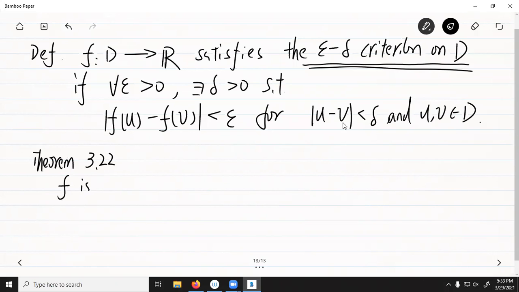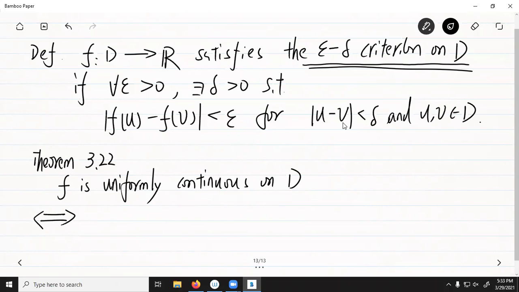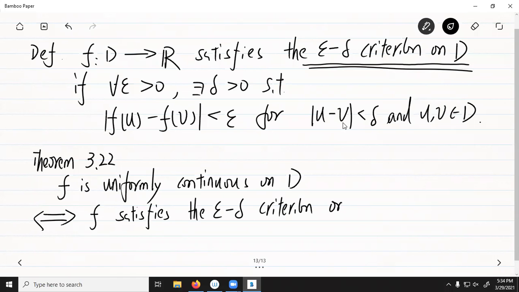F is uniformly continuous on the domain D if and only if F satisfies the epsilon delta criterion on the domain D. The proof is almost exactly the same as the previous theorem, where the function is continuous at a certain point.